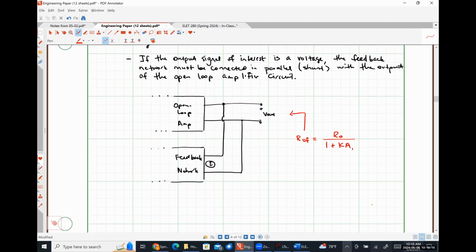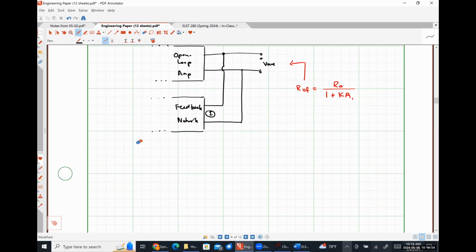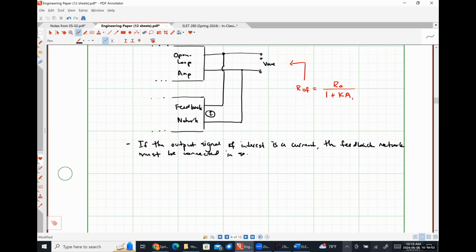Now, instead, if our output signal is a current, the feedback network must be connected in series with the output of the open loop amplifier circuit.